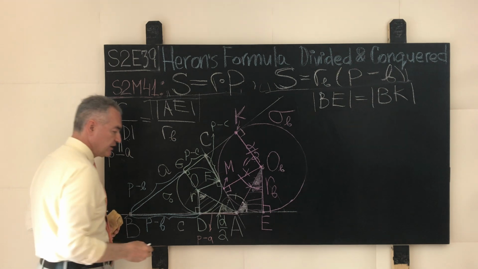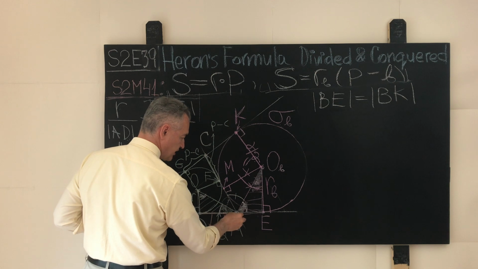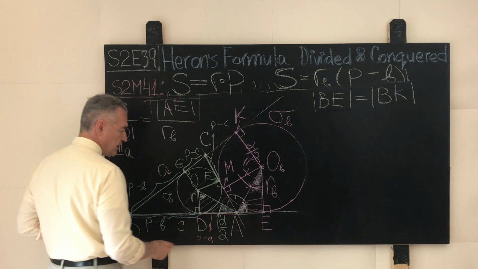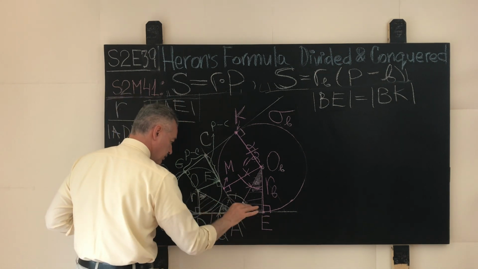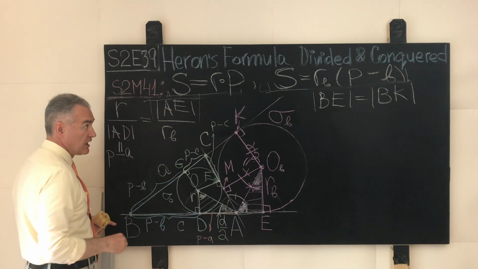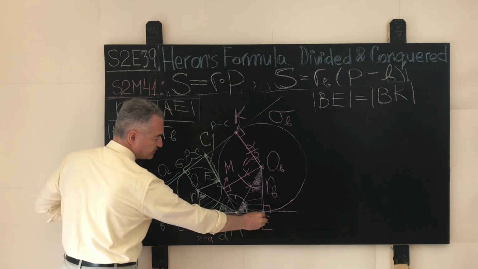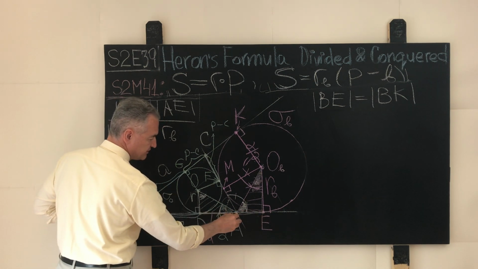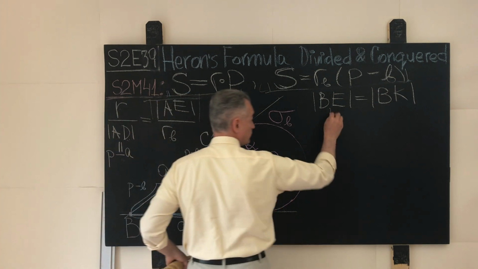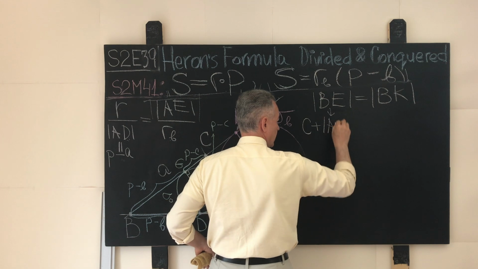Well, we're interested in this distance over here between the points A and E. How can we splice that distance into our relation? Well, the distance between the points B and E can be represented as a composite quantity. It's C plus AE.